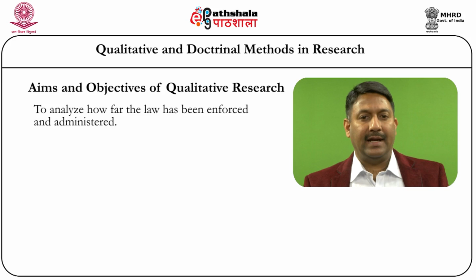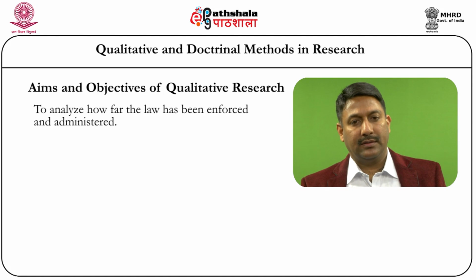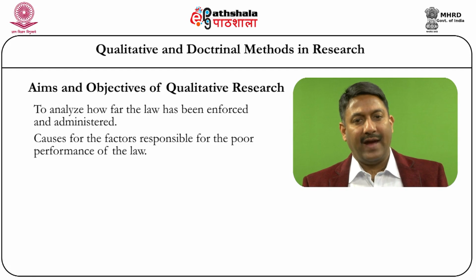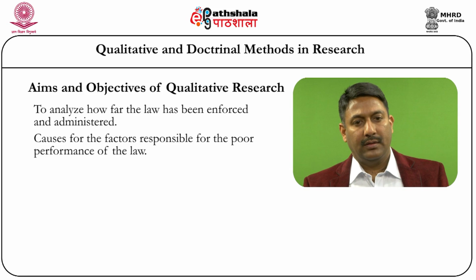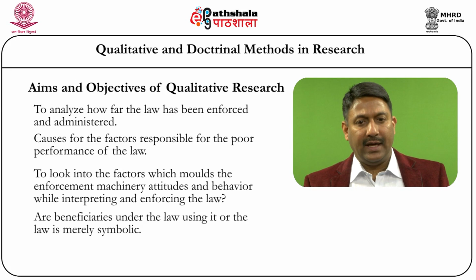It is helpful in analyzing how far the law has been enforced and administered. It discusses the causes for the factors responsible for the poor performance of the law. It also looks into the factors which mold the enforcement machinery, attitudes, and behavior while interpreting and enforcing the law. Are beneficiaries under the law using it, or is the law merely symbolic?